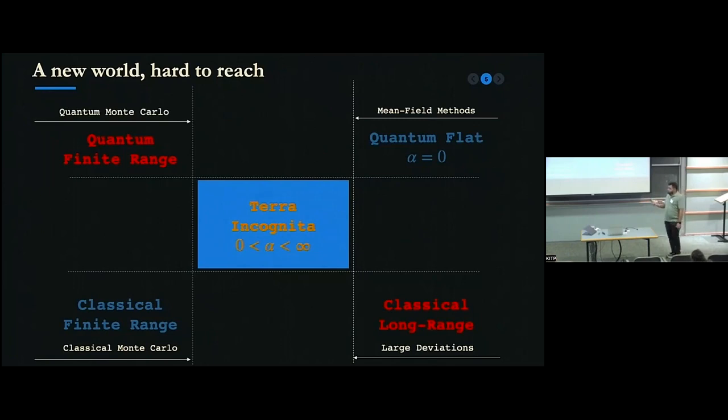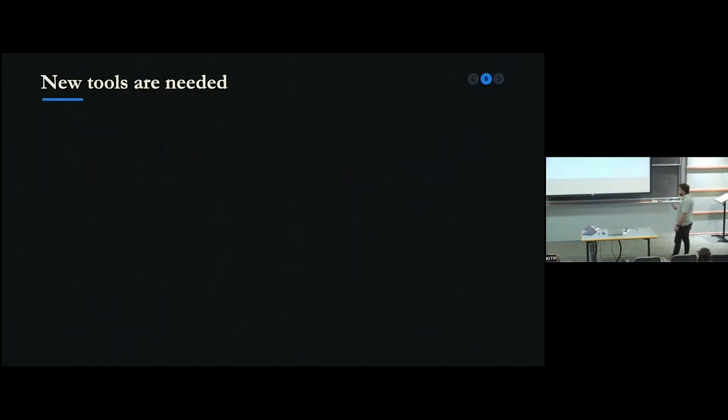And we have numerical techniques, but these have normally been tailored to local systems: quantum Monte Carlo, DMRG, tensor networks. I'm not saying that they cannot work with long-range interactions, but for sure their performance is worse. It's difficult to go to large enough systems to understand the thermodynamic limit.